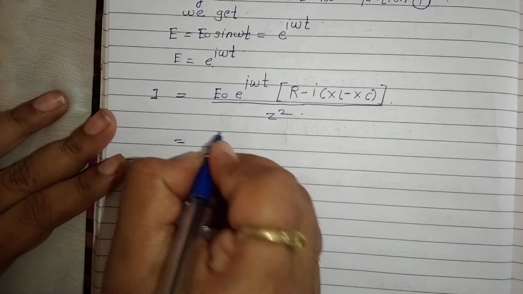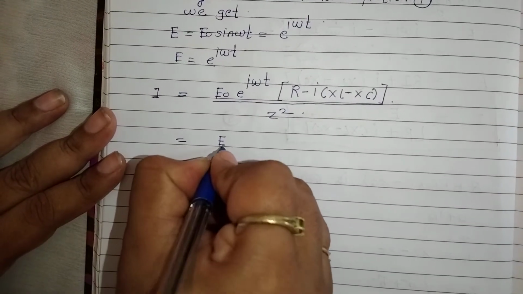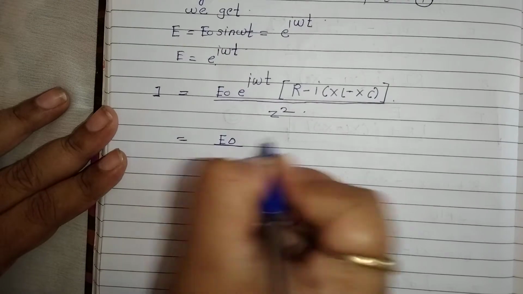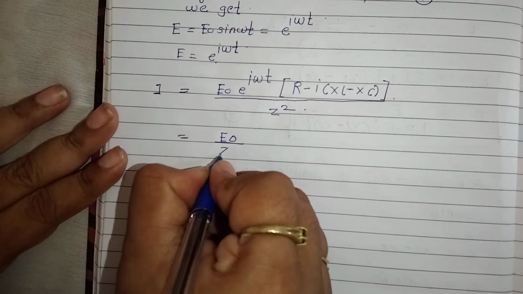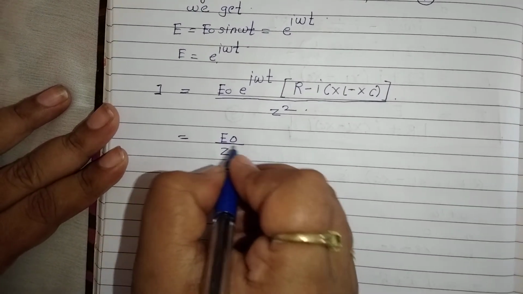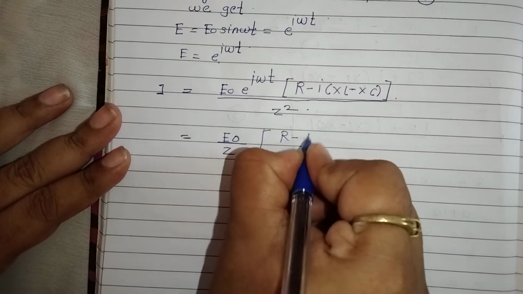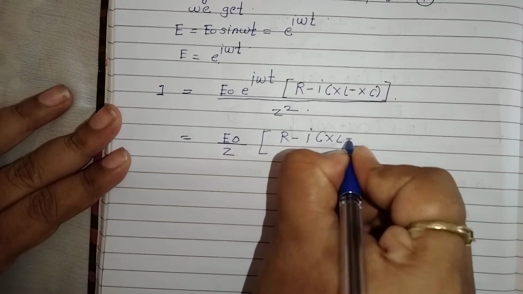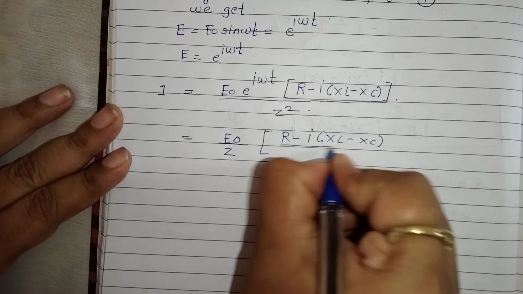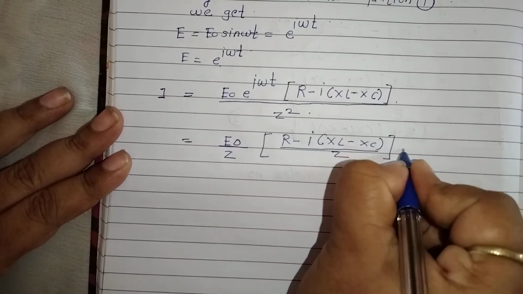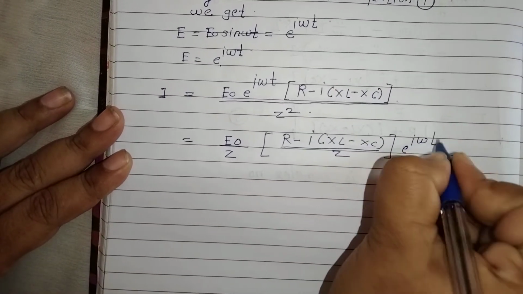For our convenience, we take one Z outside: E0 divided by Z, times R minus i(XL minus XC) divided by Z, into e raised to i omega t.